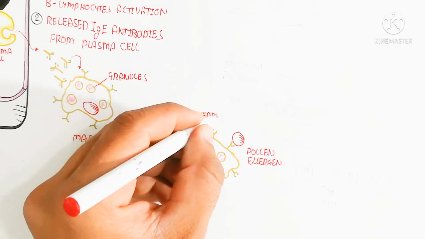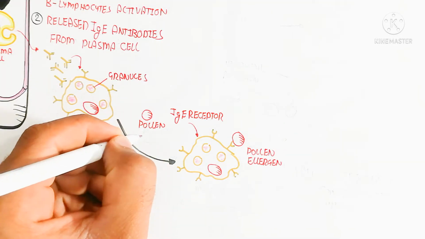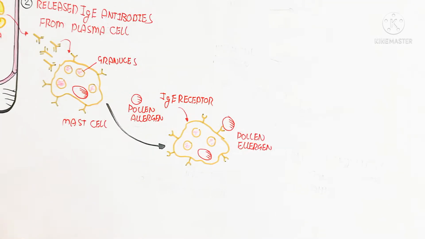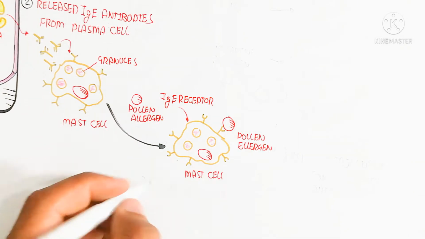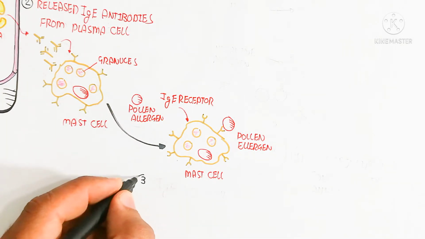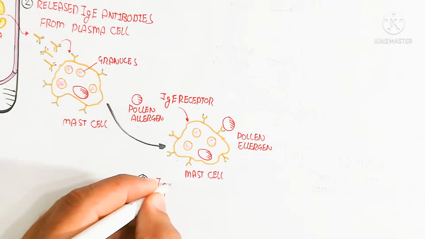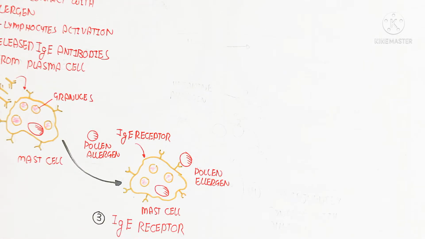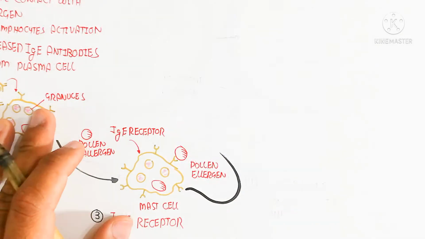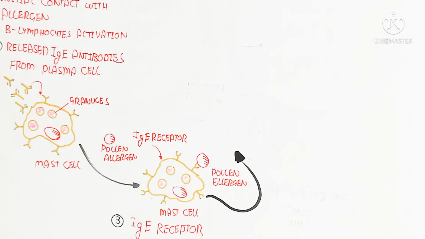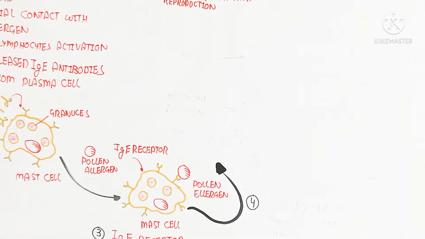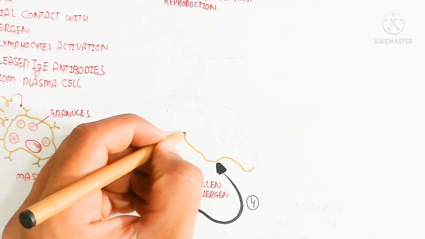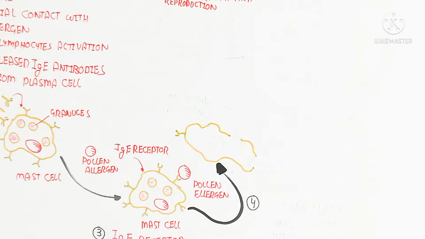The third step is the IgE receptor binding, which activates the mast cell to release its contents through exocytosis. After the exocytosis of the mast cell, the fourth step is subsequent contact with allergens. After this, the histamine will be released.